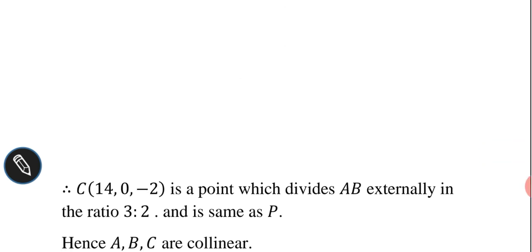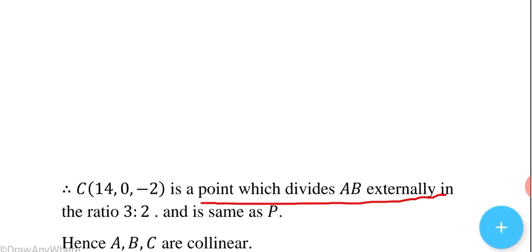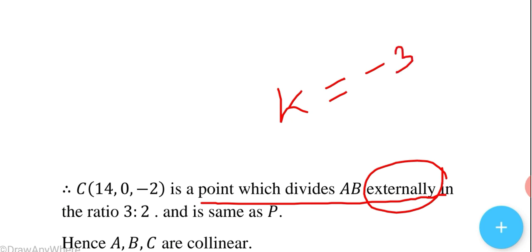Therefore, point C (14, 0, -2) is a point which divides AB externally. Here k = -3/2, and this minus denotes external division. So C (14, 0, -2) divides AB externally in the ratio 3:2 and is the same as P.